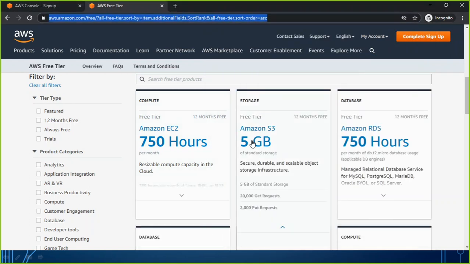Similarly, we have some other services like Amazon S3. The Amazon S3 service is valid up to 12 months from the date you sign up, that is 1 year. You will be able to use it, but there is a limitation that you can only store up to 5 GB. If you talk about Google Drive, they offer you approximately 20 GB. Microsoft OneDrive also offers you 5 GB.